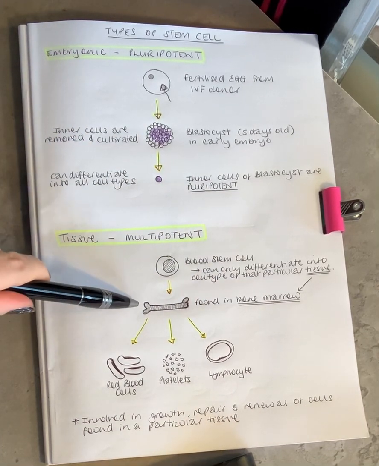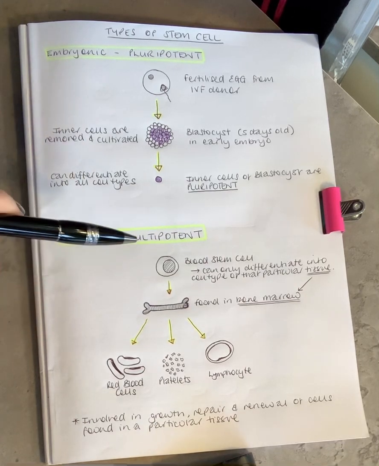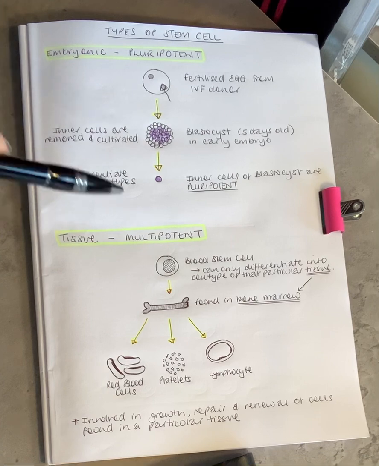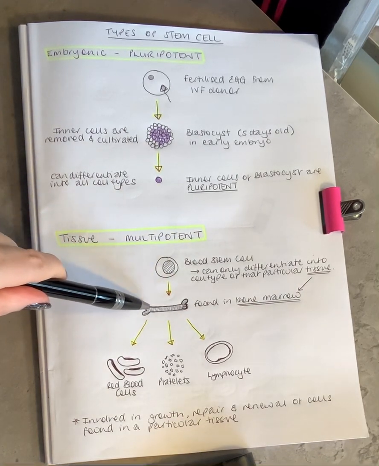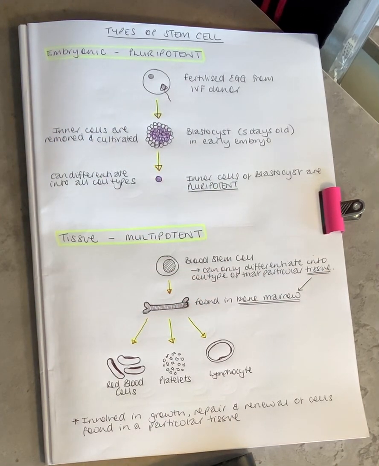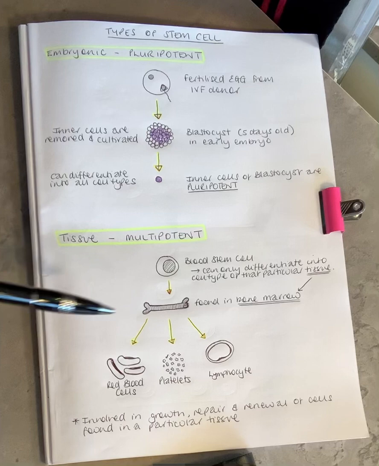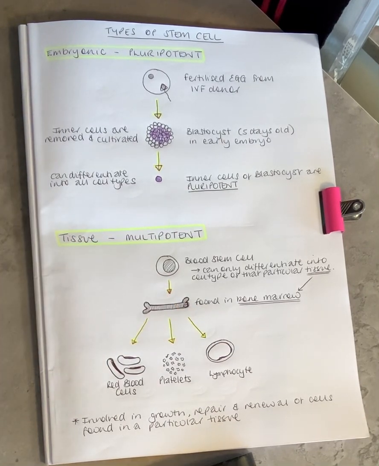So this is a tissue that we're going to talk about. This is basically a bone, believe it or not. I'm not very good at drawing bones. Here's our bone, and within this bone is our bone marrow, and it's the bone marrow that's classed as a tissue. This bone marrow can give rise to the certain types of cells that you find in blood.